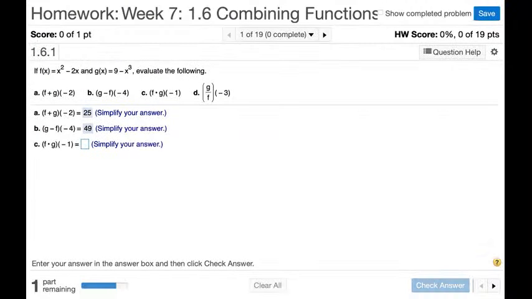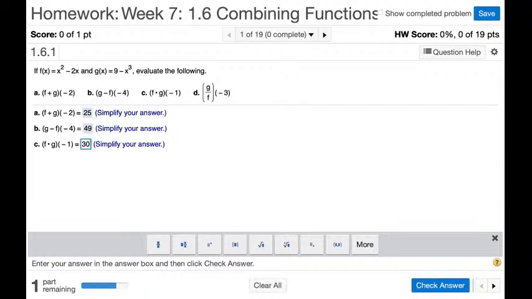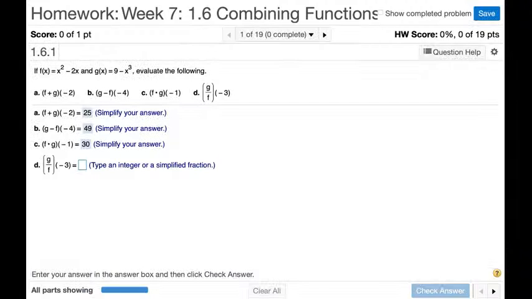So if we plug in -1, that's going to be 1 plus 2. 1 plus 2, that's going to be 3. 9 plus 1 is 10. 10 times 3 is 30. Okay. -3. So that's going to be 9 plus 6 is 15.